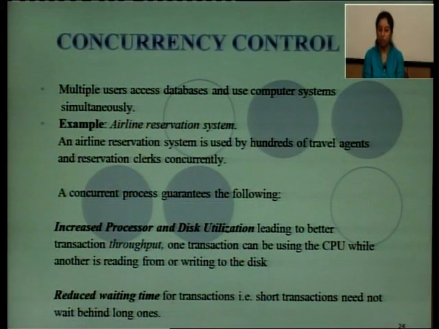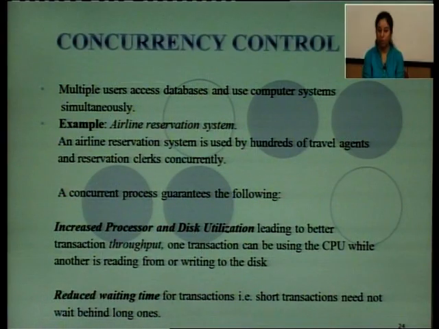Concurrency control addresses how two, three or more transaction processors work simultaneously in a system, and how these transactions can be controlled easily. An airline reservation system is used by hundreds of travel agents and reservation clerks concurrently.